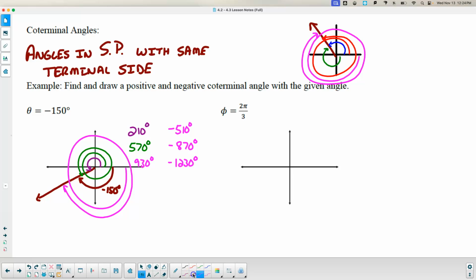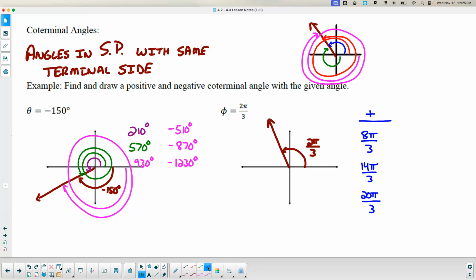2 pi over 3 is up here in quadrant number 2. Find me a positive coterminal angle and a negative coterminal angle to go along with that one. For positives, I would go with 8 pi over 3, 14 pi over 3, and 20 pi over 3 as the next 3 positive angles that are coterminal with that.